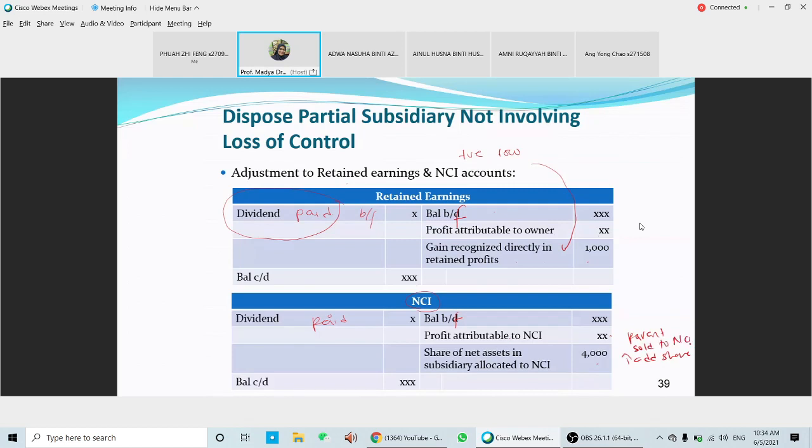So we're going to increase the NCI allocation with the additional share of 4,000. On the credit side: balance brought forward, profit, additional shares, and the debit side is dividend paid and then the ending balance. Dividend paid here is a balancing figure. We use this to calculate the dividend paid for the NCI. Previously, in example 1 here, the dividend was already given, so you don't have to calculate. How to calculate the dividends paid here is using this NCI T account.